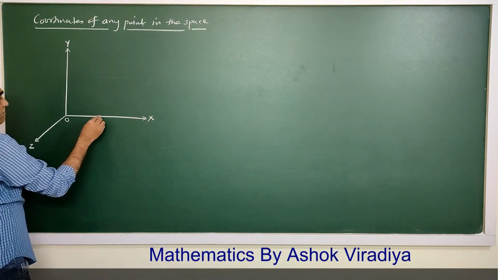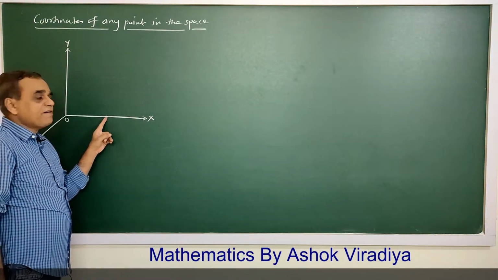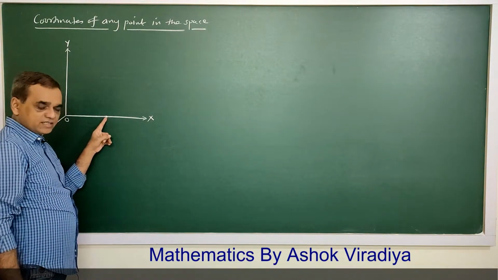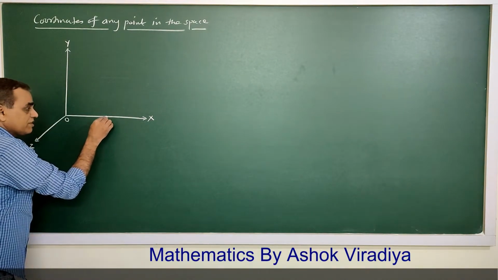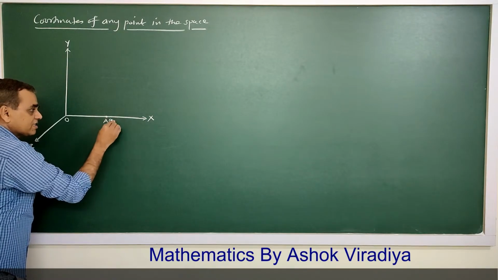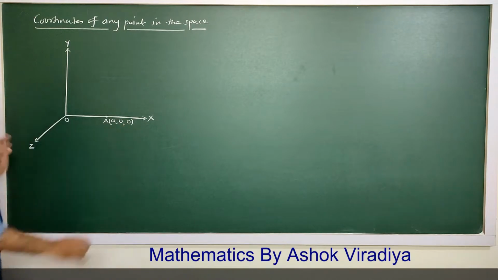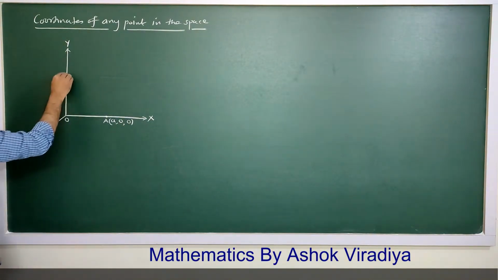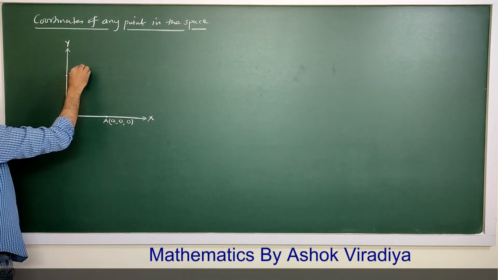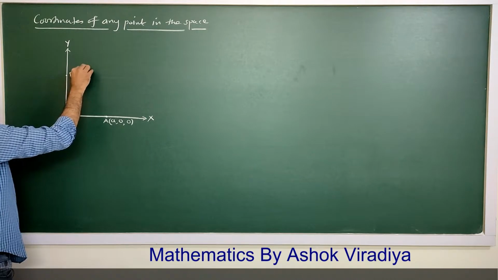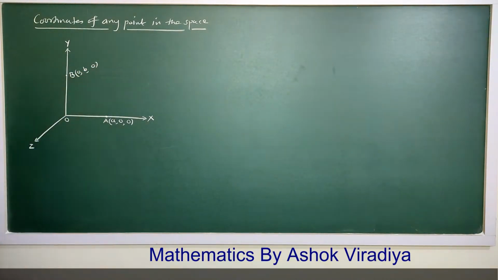Now, if we take any point on x-axis, every point on x-axis has y and z coordinate 0. If A is any point on x-axis, then its y coordinate is 0, z coordinate is 0. If B is any point on y-axis, then x and z will be 0.